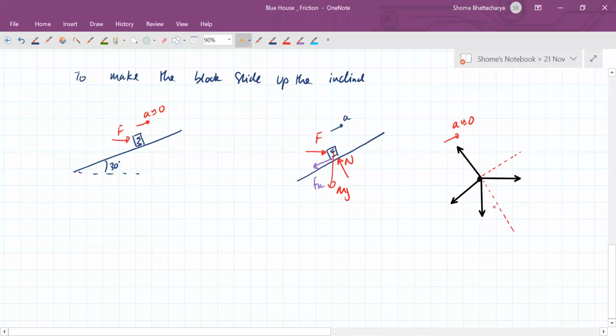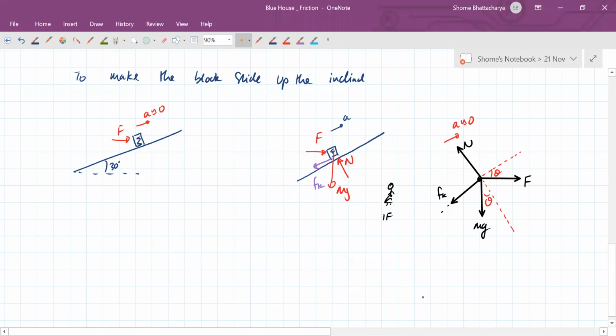So this is theta, with mg, F, normal reaction and kinetic friction acting like this. Okay. So this is in inertial frame, of course.